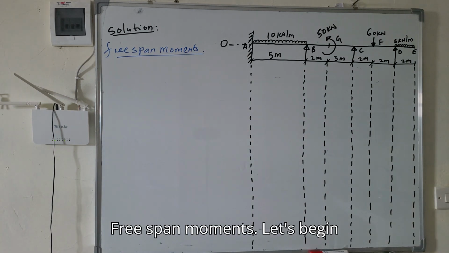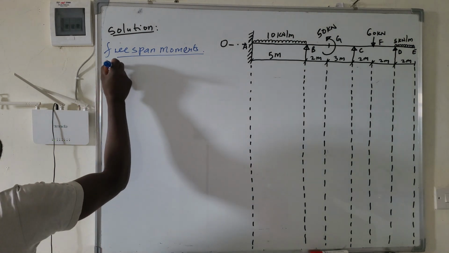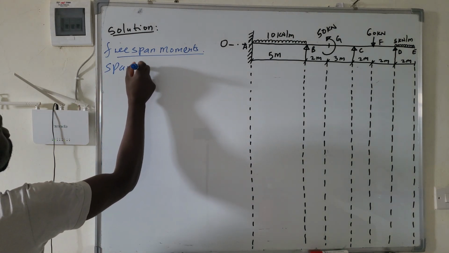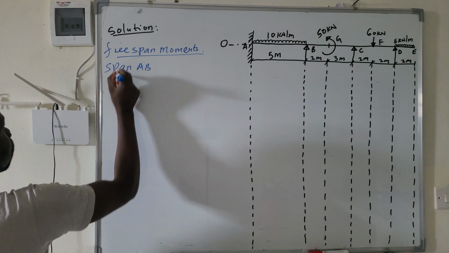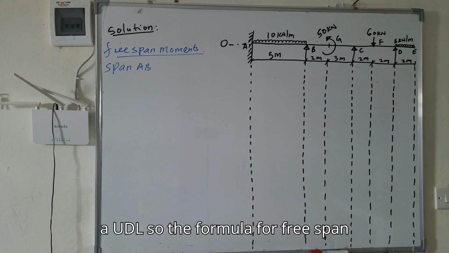Let's begin with span AB. As you can see, span AB is loaded with a UDL.